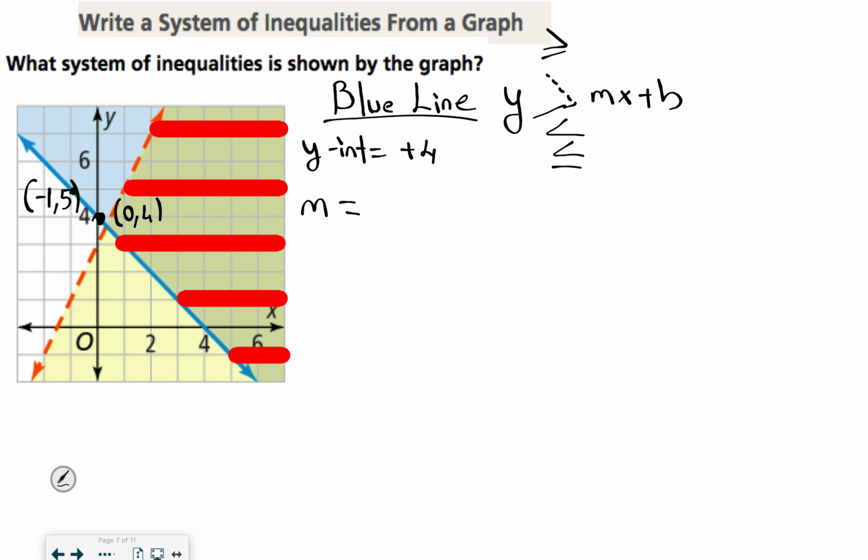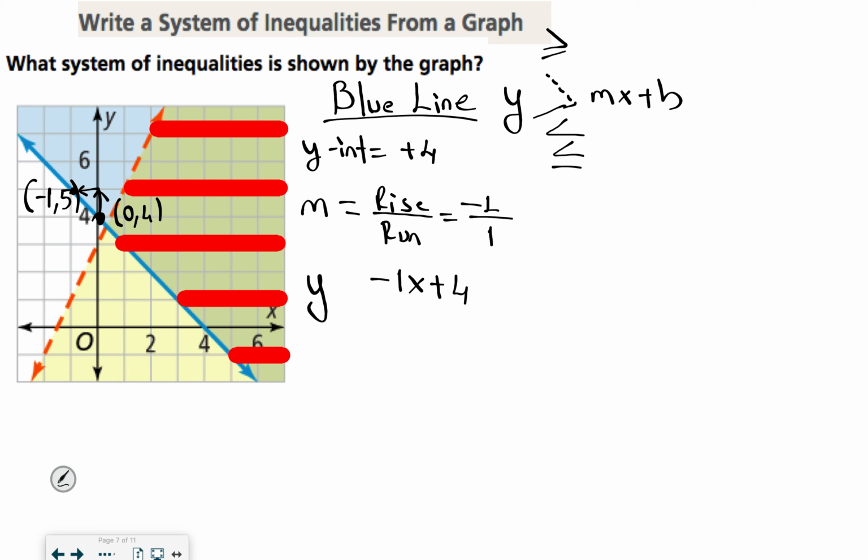Or you can understand rise over run. 1 unit up, 1 unit left. Since you are running left, this slope is -1. So the blue line is going to be y is -1x plus 4. Okay, we've created the equation.